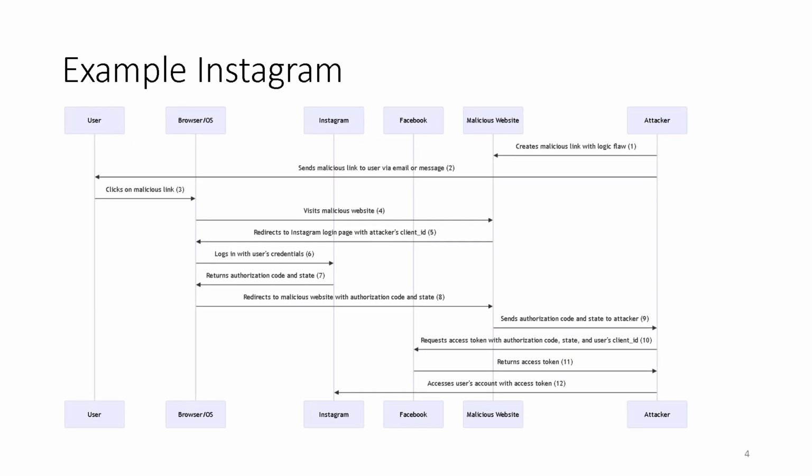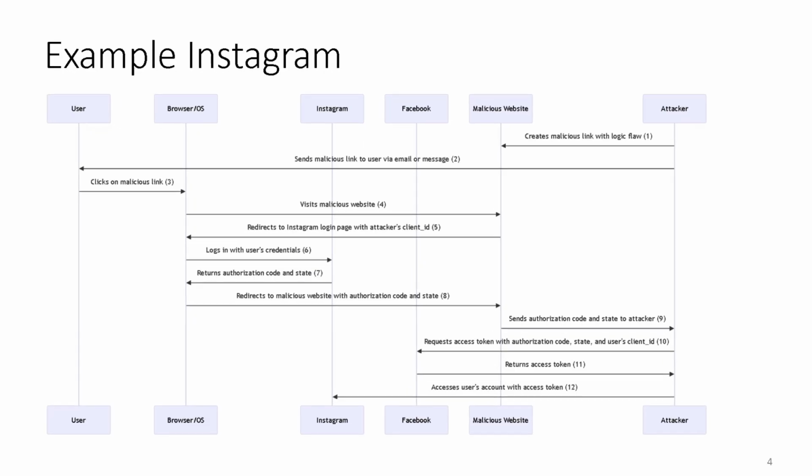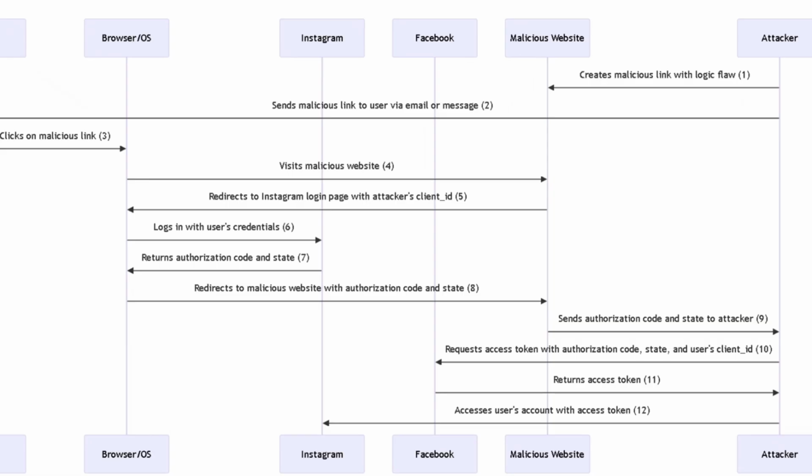Instagram returns an authorization code and a state value to the user's browser or operating system, which can be used to obtain an access token from Facebook. The authorization code and the state value are appended to the redirection endpoint URI that was specified by the attacker in the initial request. So the user's browser or operating system redirects to the malicious website again, which now receives the authorization code and the state value from Instagram.